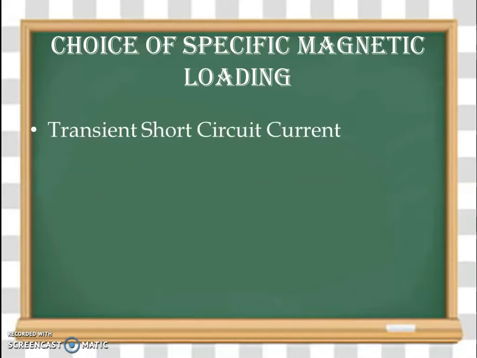Then our next point, that is transient short circuit current. So if we go for a reduced specific magnetic loading, and if flux density is less, we know that leakage reactance will increase.